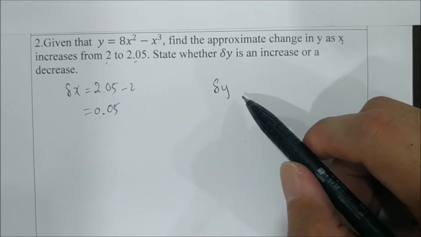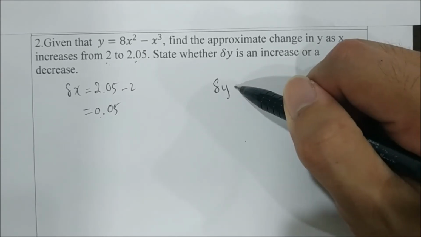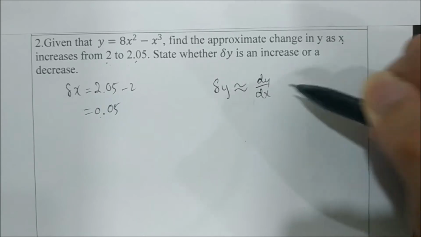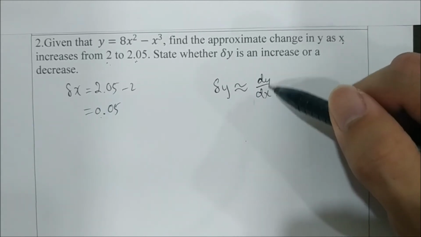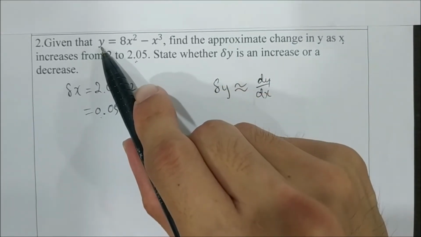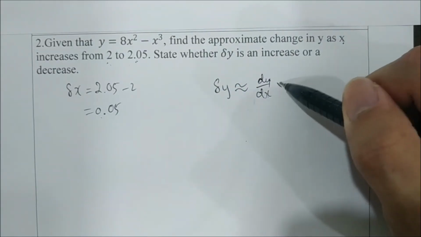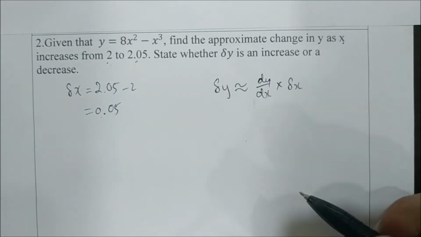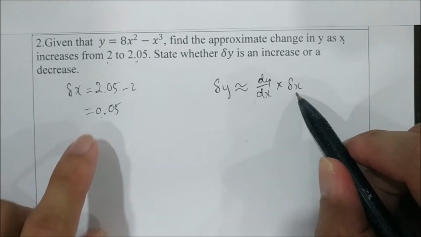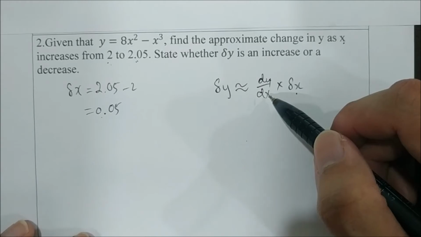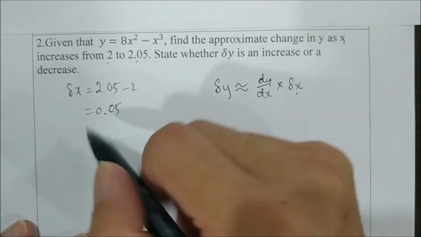And we come back to the formula. Delta y is approximately equal to dy/dx multiplied by delta x. Why do we use dy/dx? Because it's given that y is related to x. Delta x, we already have the value here. We only have to find the value of dy/dx, so it's very obvious that we need to differentiate this.